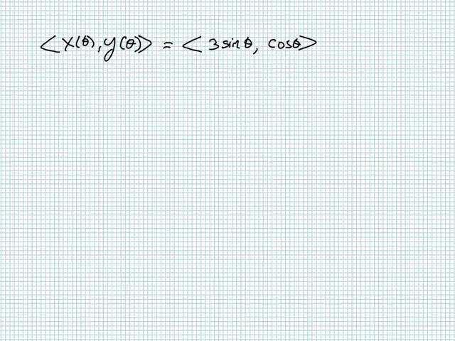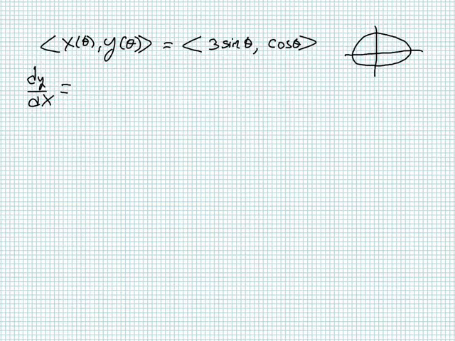They'll ask you questions, for example, of finding dy/dx, and they'll give you some curve, and I'm not sure exactly what this curve looks like, but let's say it looks something like this.